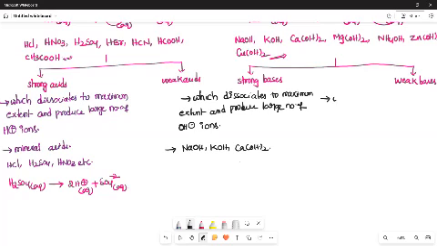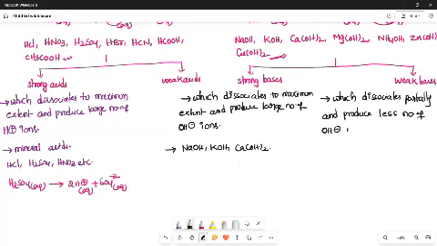Whereas weak bases, same story: they dissociate partially and produce a smaller number of OH minus ions. Basically they are ammonium hydroxide, which is a window cleaner, zinc hydroxide, calamine, and Cu(OH)2, copper hydroxide.